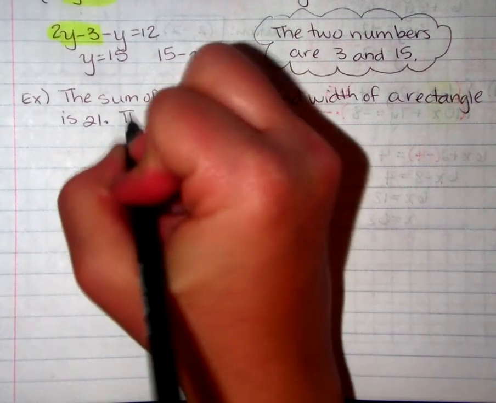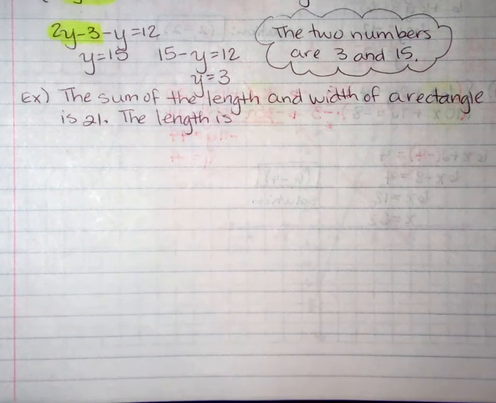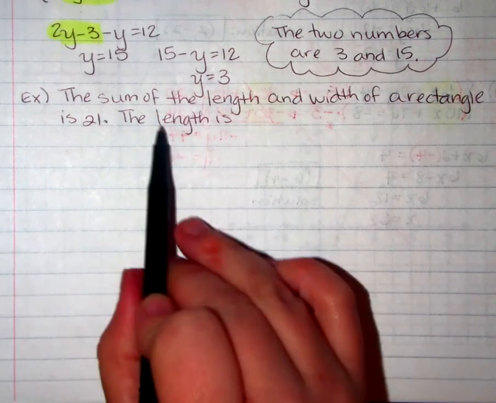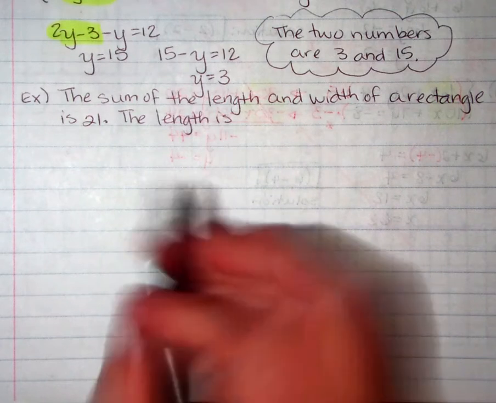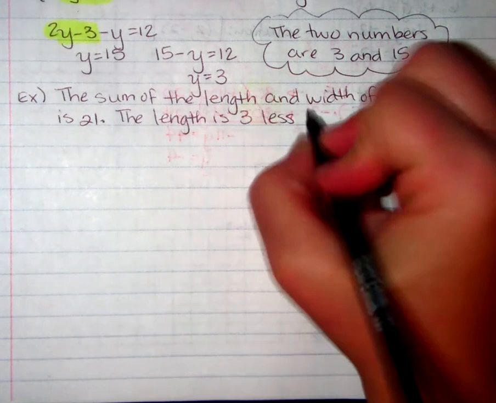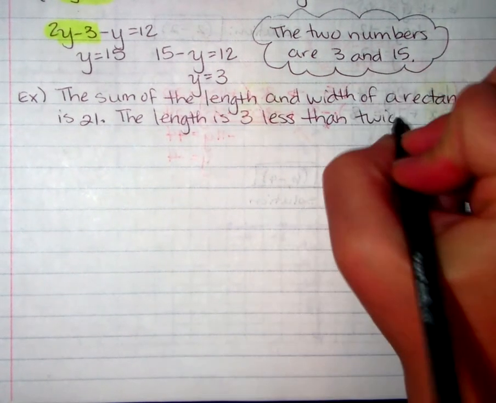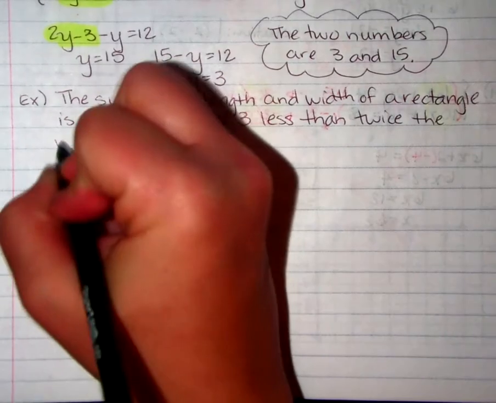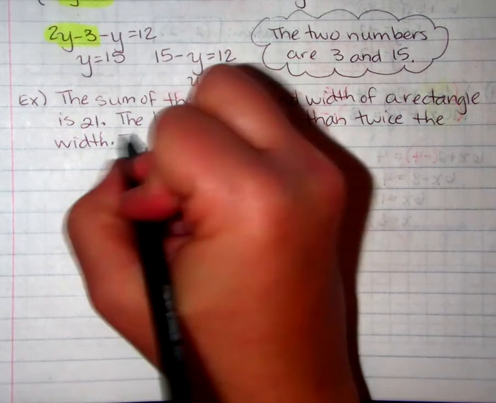The next says the length is, again, this is going to indicate whatever variable I use for the length, and is always means our equal sign. Again, this is going to be 3 less than twice the width. And I want to find the length and width of the rectangle.